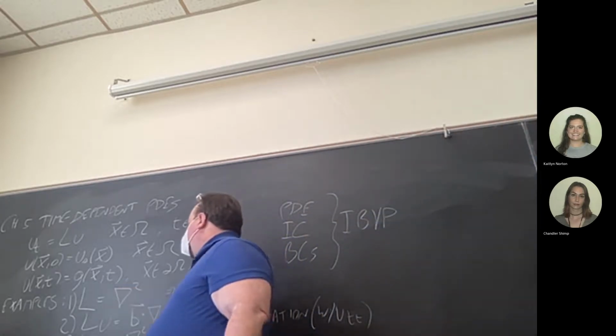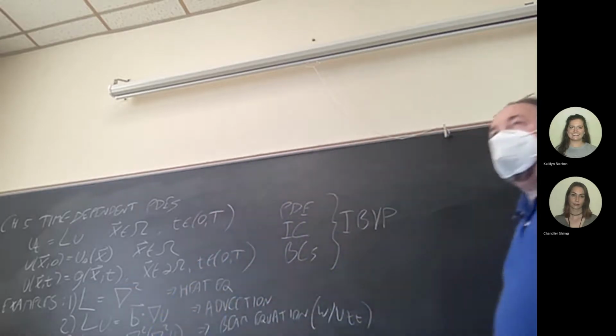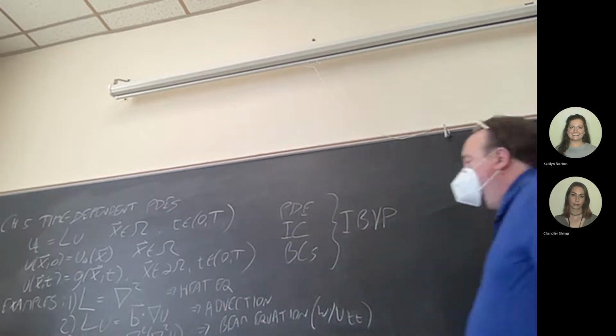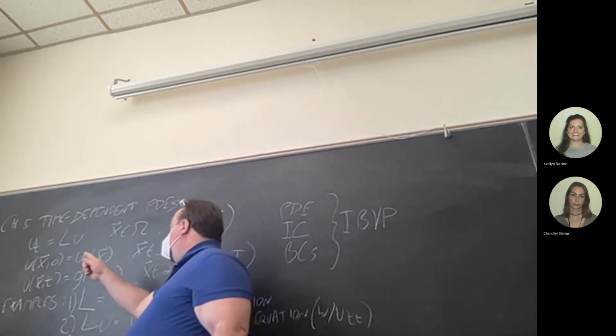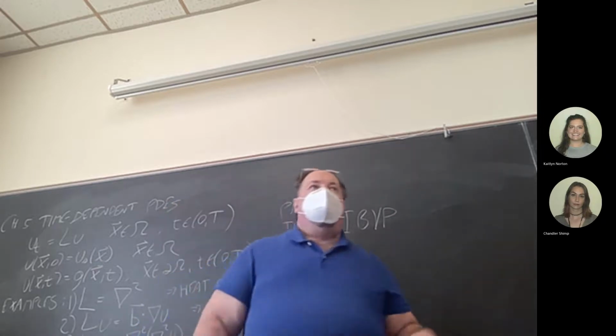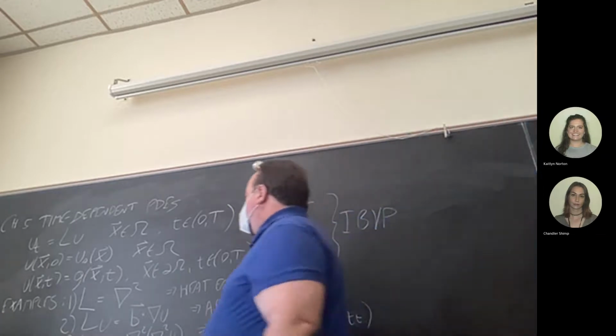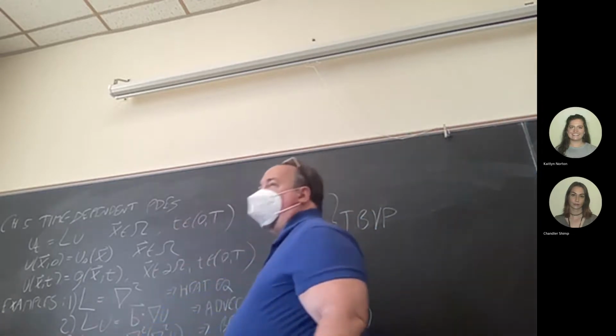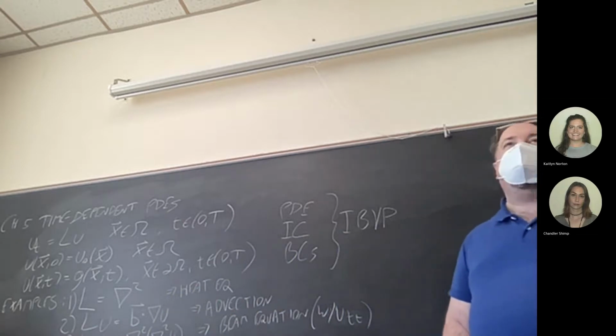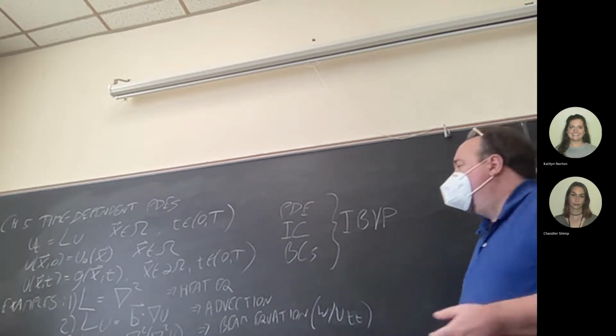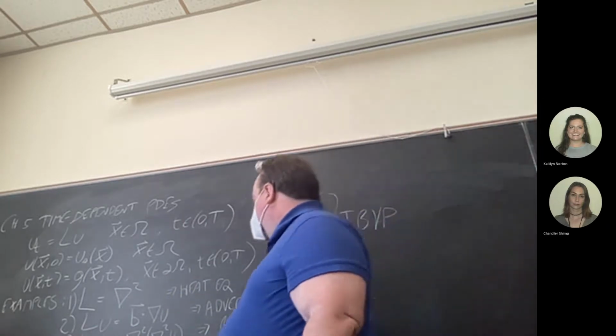The Laplacian has negative eigenvalues. So when you have ut is Laplacian of u, your solution features exponential decay. That's a well-posed problem. If I had a minus here, that would be backward diffusion; minus Laplacian has positive eigenvalues. We'd have exponential growth.